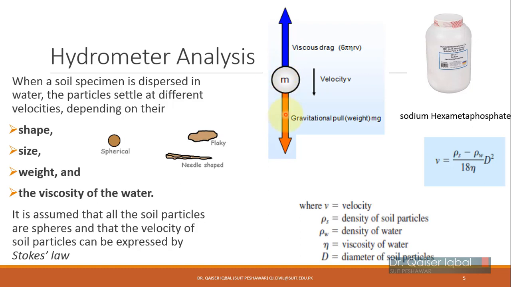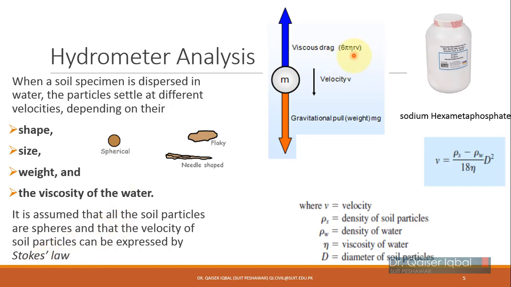Alright, so when you place the soil particle in water, initially it will be settling down quickly, and the viscous drag force will be increasing on that till the time it reaches a terminal velocity where its downward motion velocity will become constant, and at this time the viscous drag force on this soil particle will be equal to 6 pi eta RV according to the Stokes law.